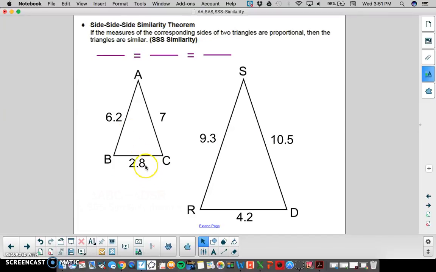Well, the shortest side is always going to be corresponding to the shortest side in the other triangle. So I could put 2.8 and 4.2 in a ratio. The longest side is always going to match or be corresponding to the longest side. So 7 is the longest side in triangle ABC, and 10.5 is the longest side in SRD.